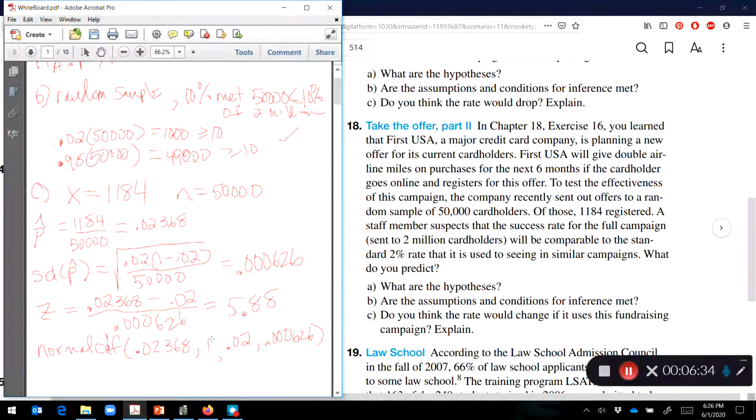I could have put like a million for the upper bound, but one's big enough when I'm dealing with these small numbers. That gives me back about 2 times 10 to the negative 9th, so that would be 8 zeros.